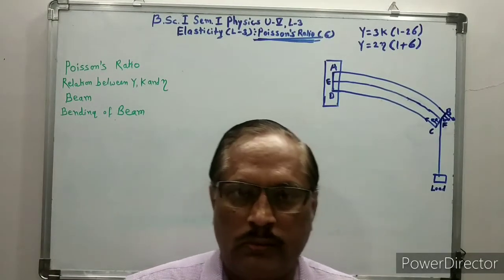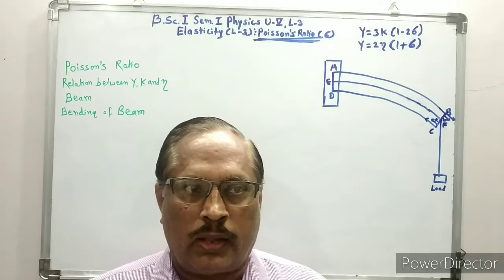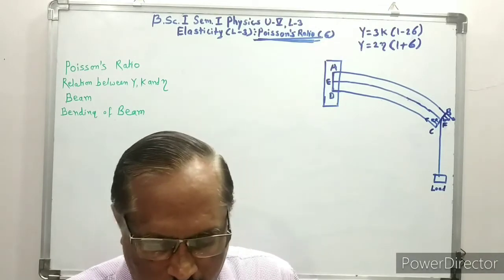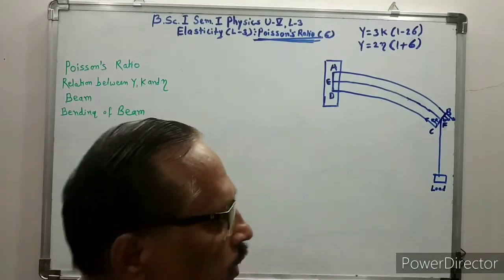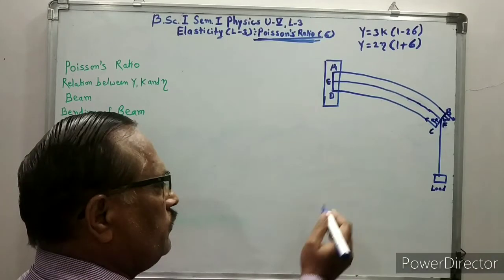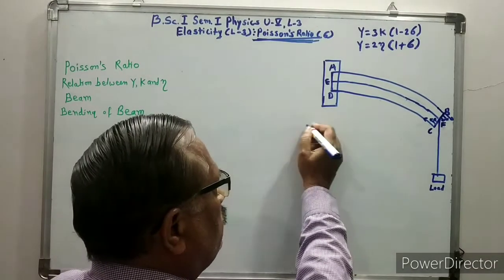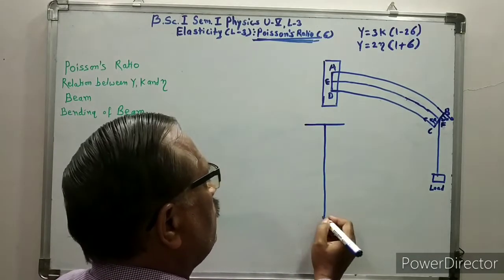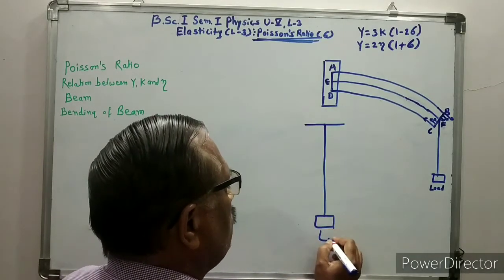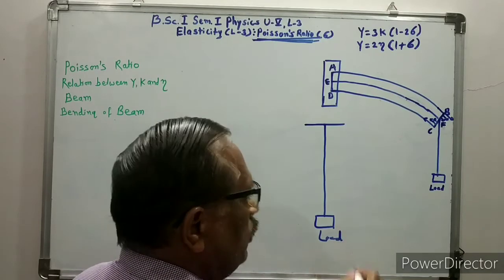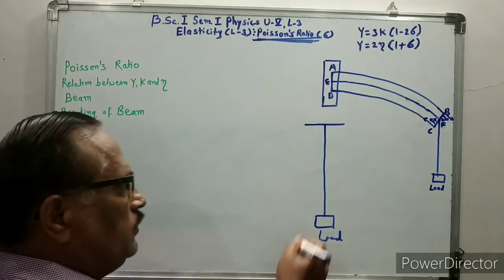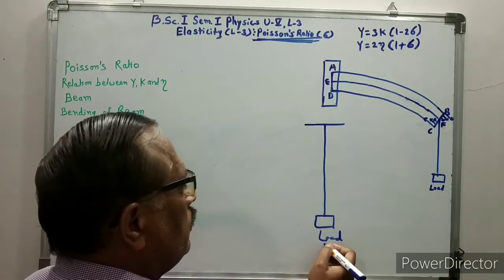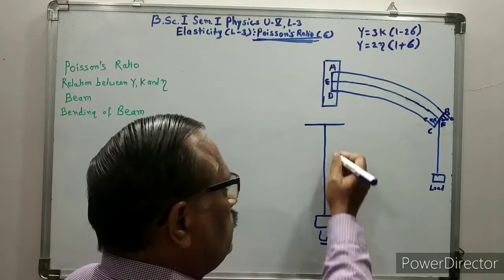When load is applied to the free end of the wire, its length increases and diameter decreases. Suppose this is a wire whose one end is fixed and load is applied at the lower end. Due to the application of this load, the length of the wire increases.